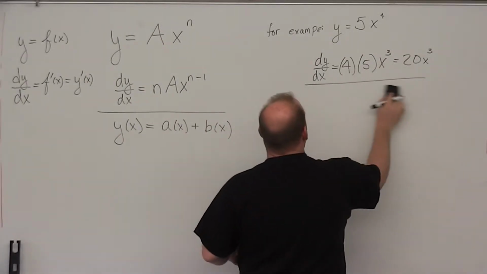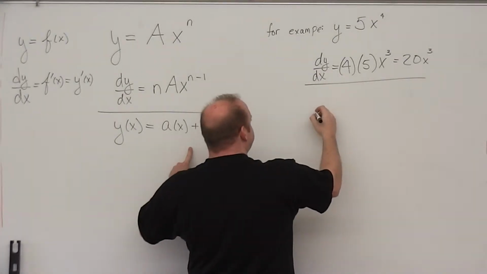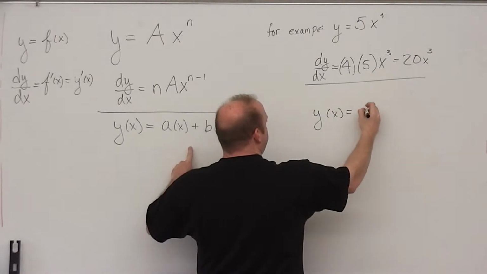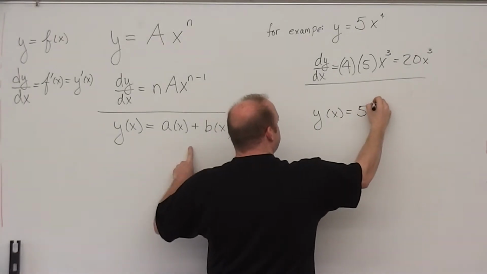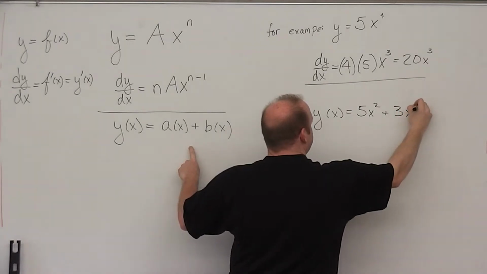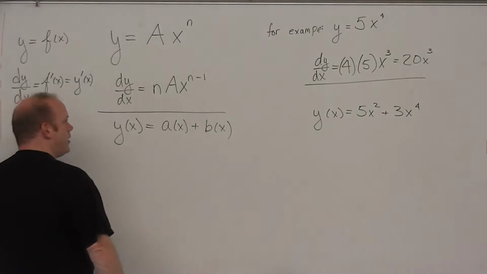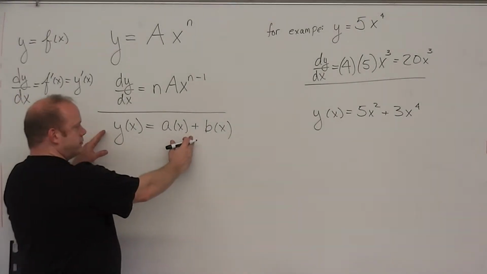I'm sorry for erasing the most recent example, but so now, let's just say y of x, as the example, equals 5x squared plus 3x to the 4th. So this is going to be where all the general forms are.